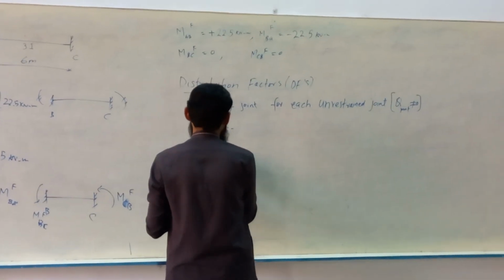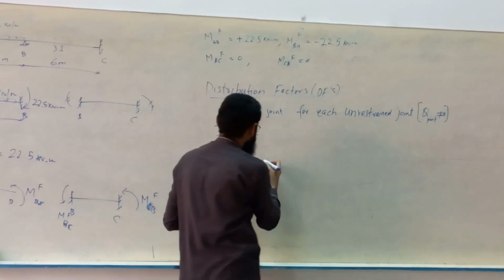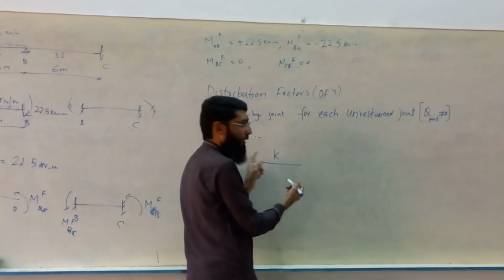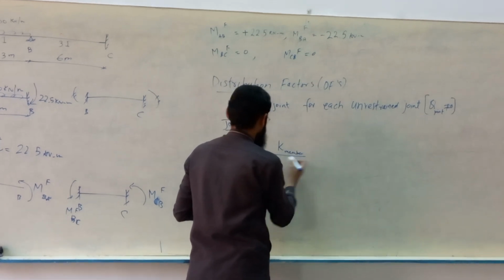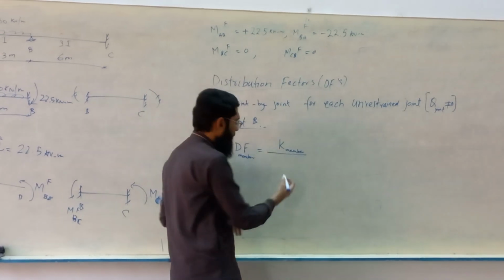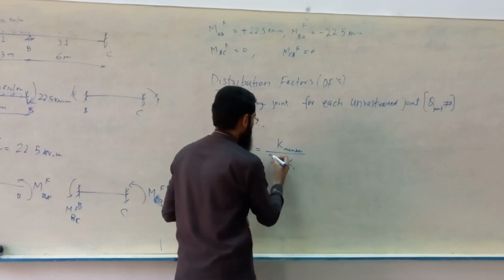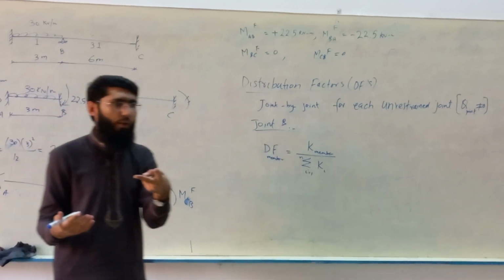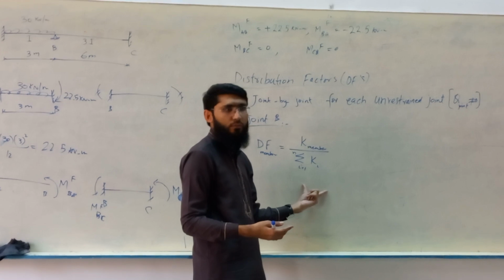The distribution factor for each member connected at that joint will be calculated as, I'm using a sample K, I'll explain what it is, K for that member divided by the sum of all K's. So there are two members, and the sum of the K's for the two members is in the denominator.